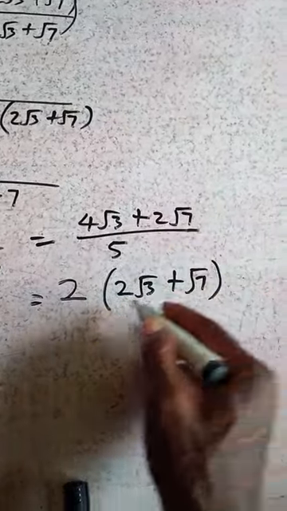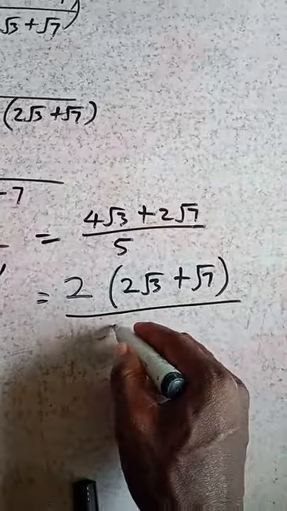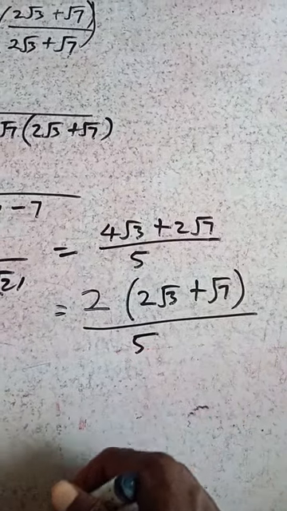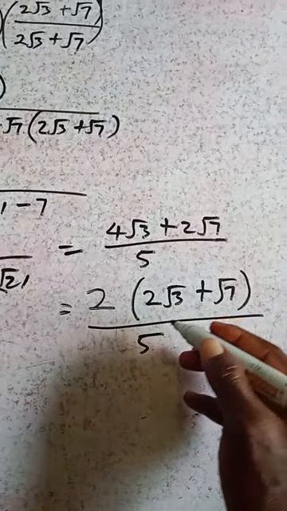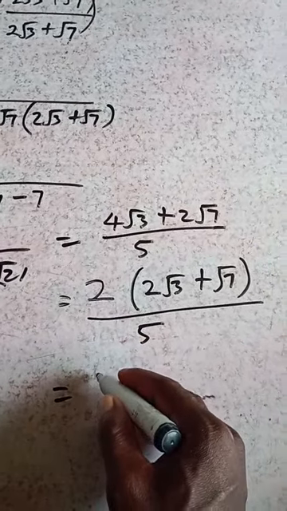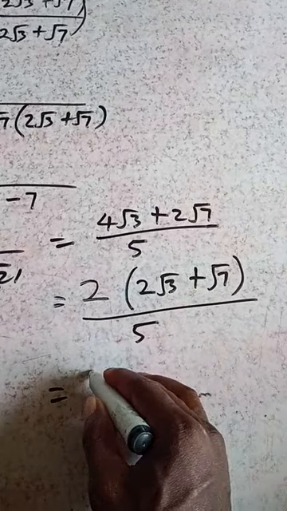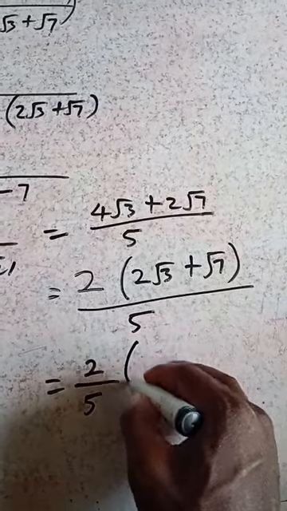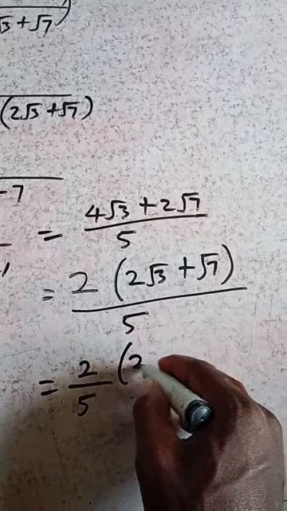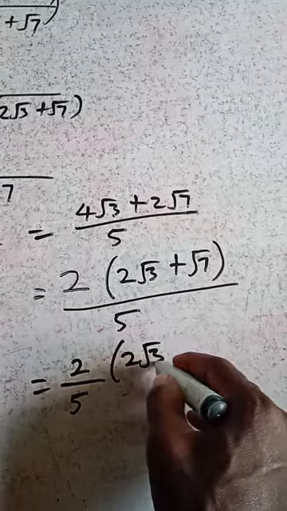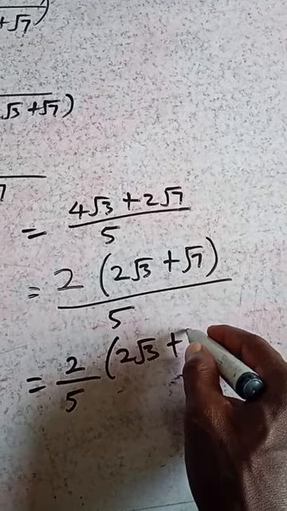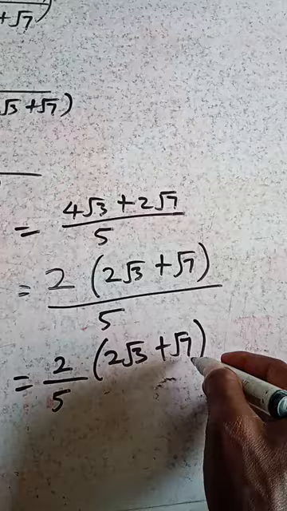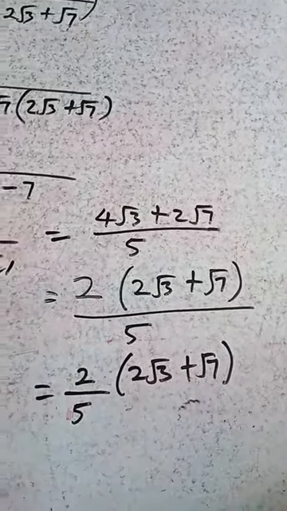Are you getting it? So all over 5. So you can say finally this is the answer. You can write it in this way: 2 all over 5, then bracket 2 root 3 plus root 7. You see the same thing. Are you getting it? So this is the answer.